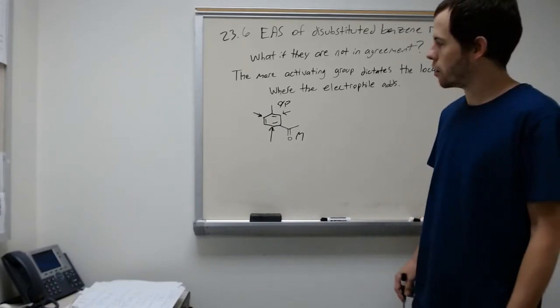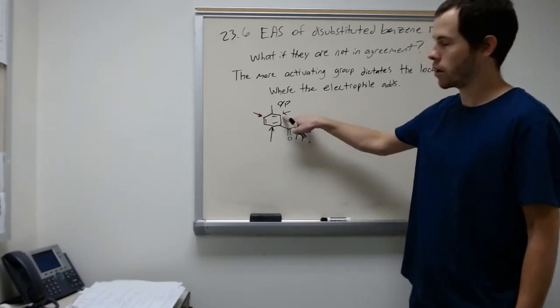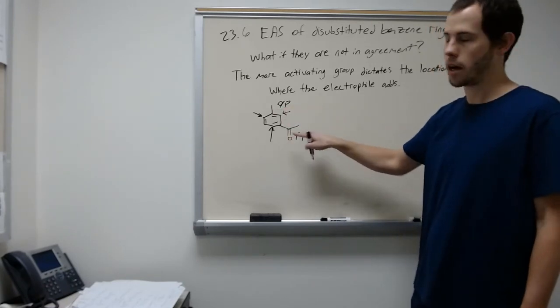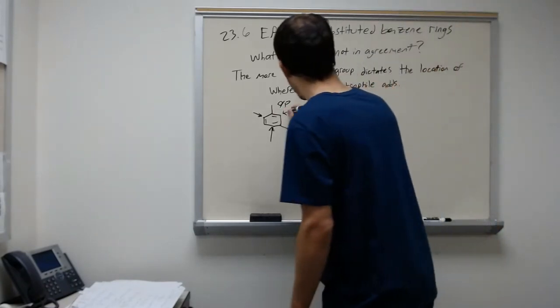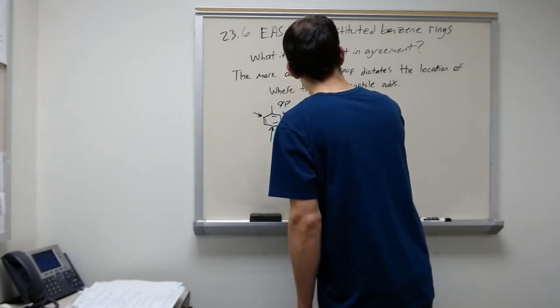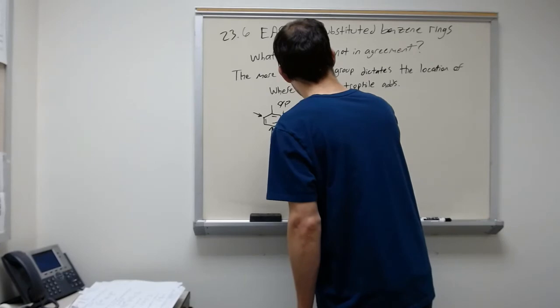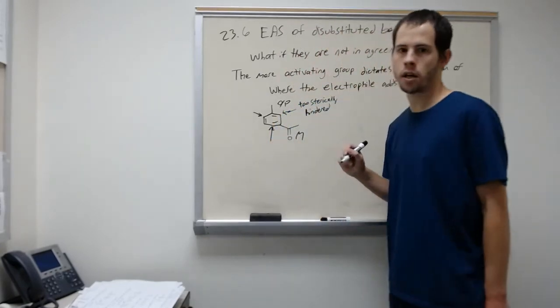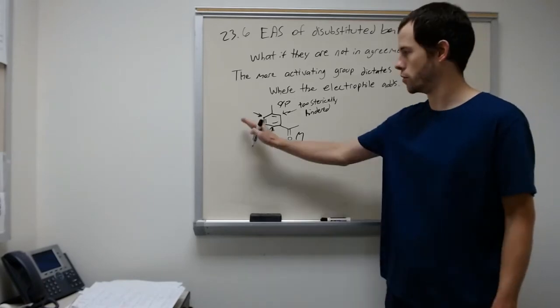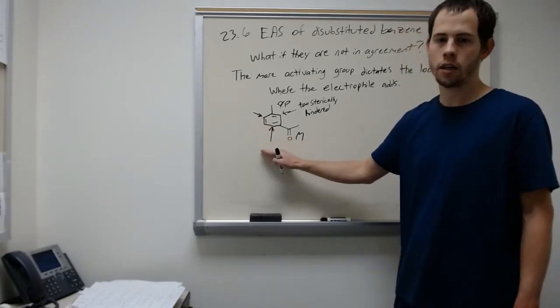Now we want to think about all of these carbons. So this carbon right here is flanked by a group on this side and a group on this side. So it's going to be too sterically hindered to add an electrophile there. So we're going to end up getting a mixture of addition of the electrophile to this carbon and addition to this carbon.